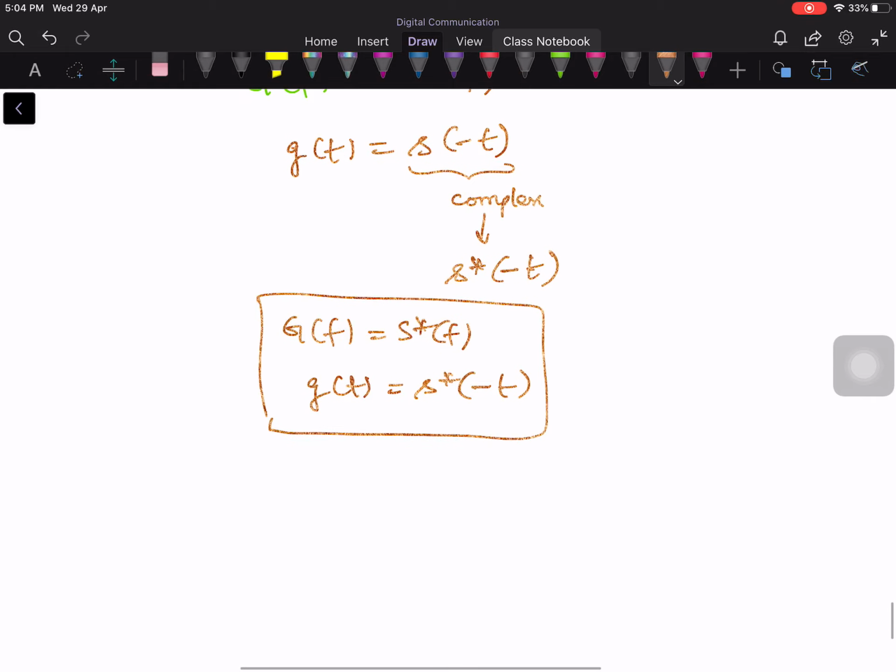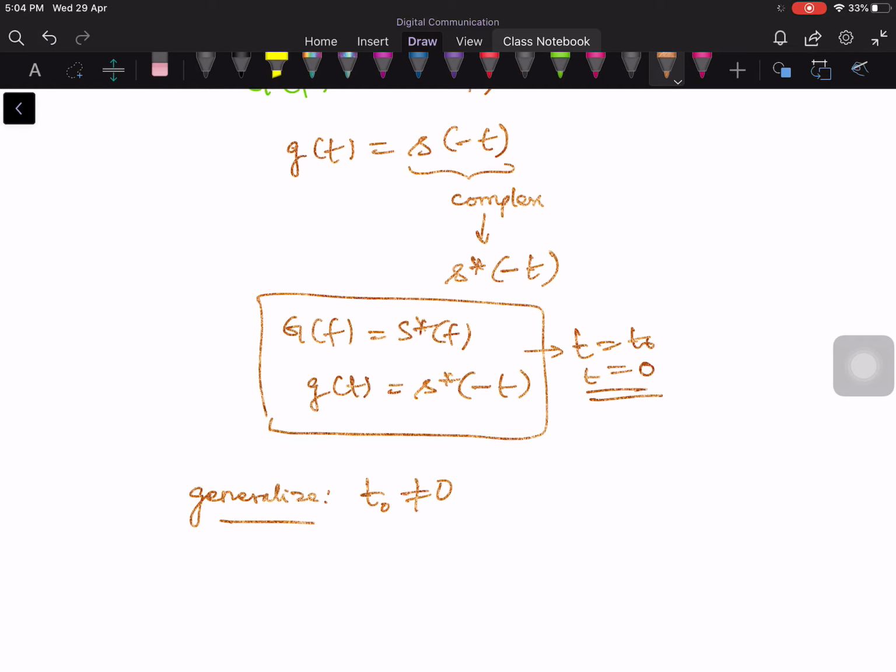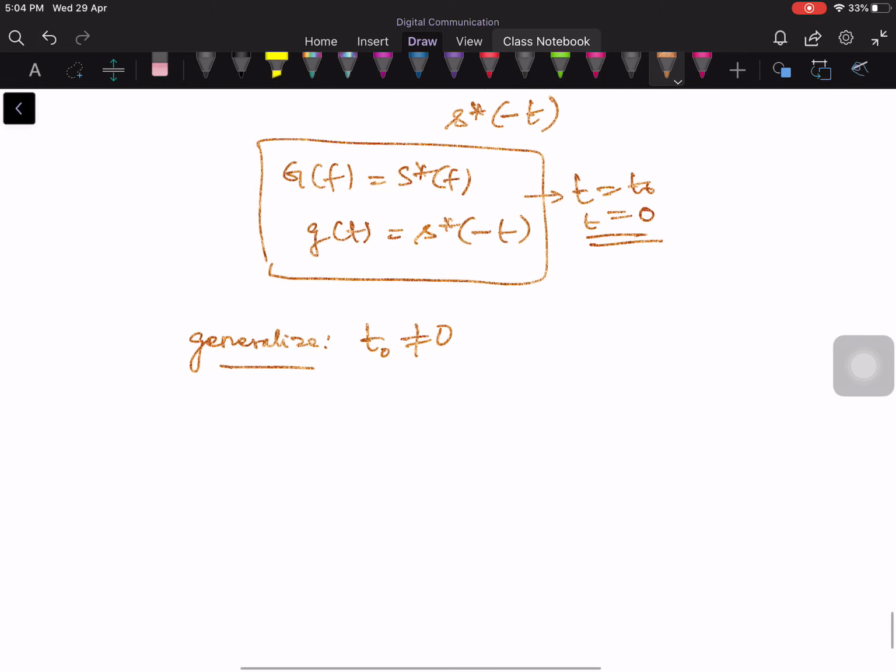Now suppose you want to generalize. So how do you generalize? Say this is a case where the sampling time instant t naught equal to 0. Let me say my t naught equal to 0. So in that case, how will the expression vary? Your G of f is equal to S conjugate of f times e power minus j 2 pi f t naught.